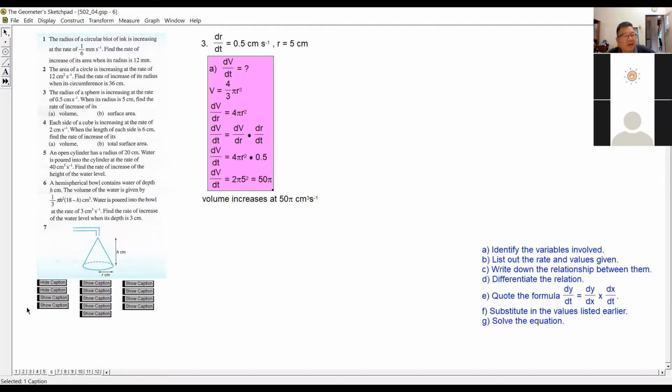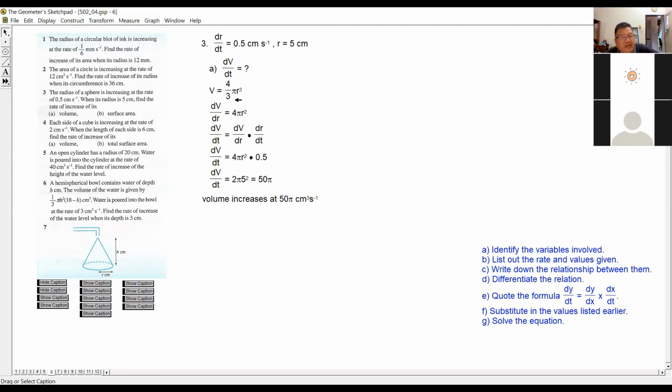After listing out all this, what must you do? You write down the r, dt, dv, dt. So the next step is to write down the relationship between r and v.